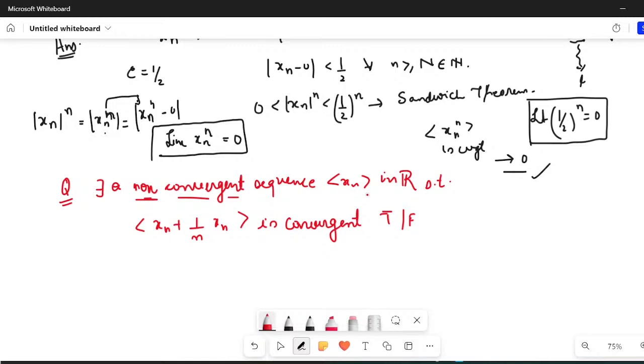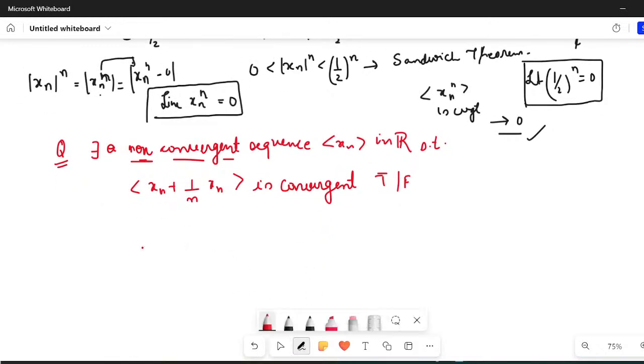Okay, so let me now solve it for you, since nobody is answering the question. What am I saying? Does there exist any non-convergent sequence xn in R such that xn plus 1 upon n xn is convergent? The answer to this would be, I guess, false.